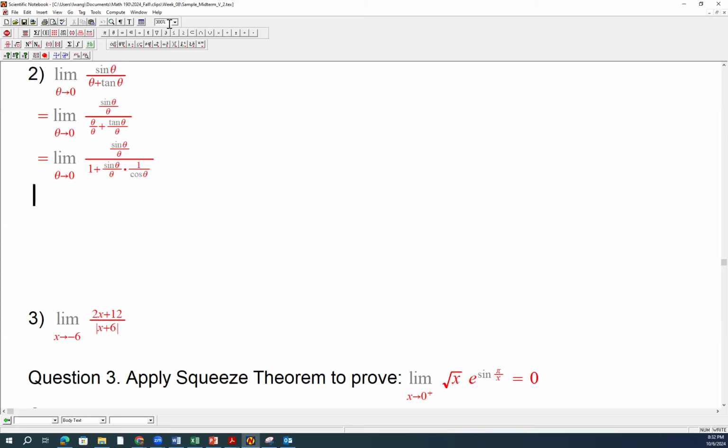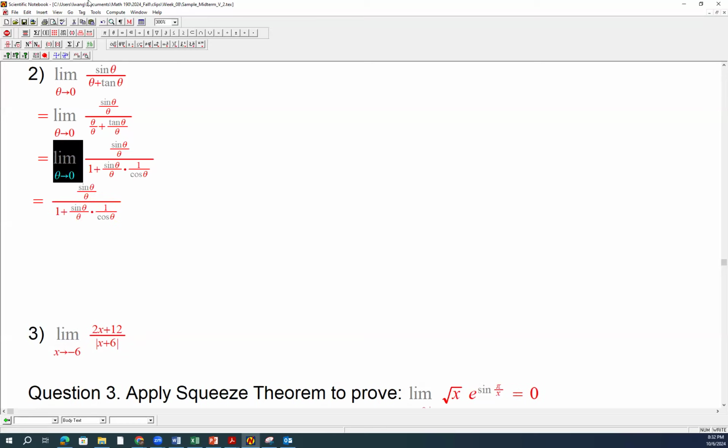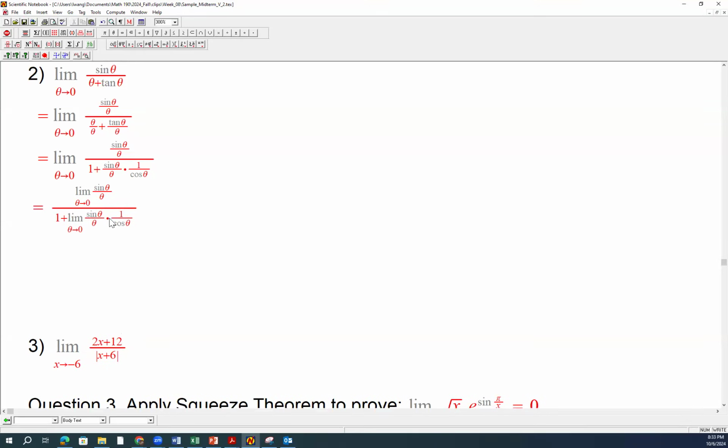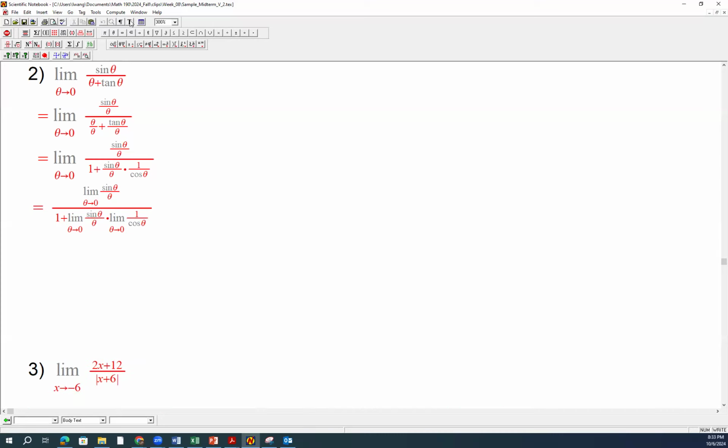Now it's time to use limit law. When we apply limit law like this, we take limits separately. This is the indicator that we are applying limit law. So the limit on the top equals 1.